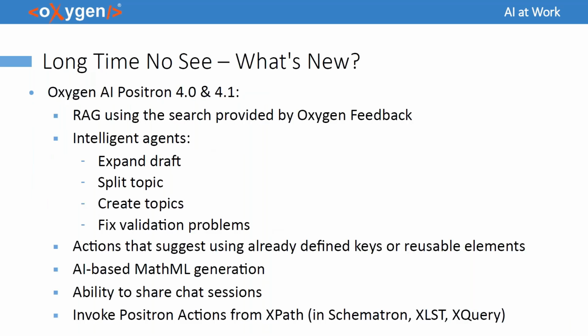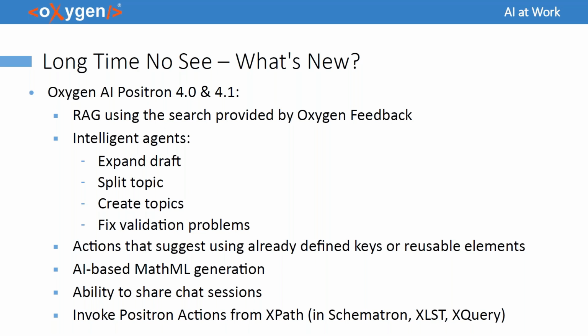As mentioned, we released 3 versions since we last had a webinar. In versions 4.x, we added, for example, a RAG over published content. In my previous webinar, I talked about a RAG over the local project, and I kind of promised that we'll add RAG over published content.